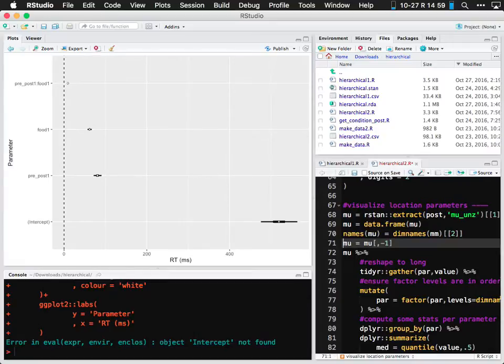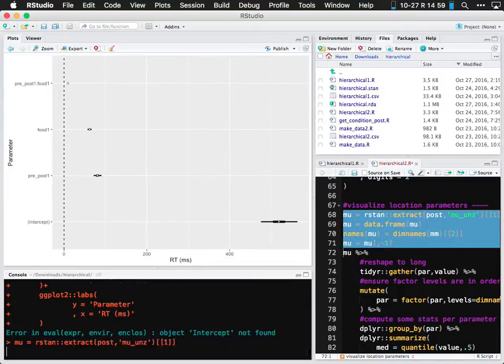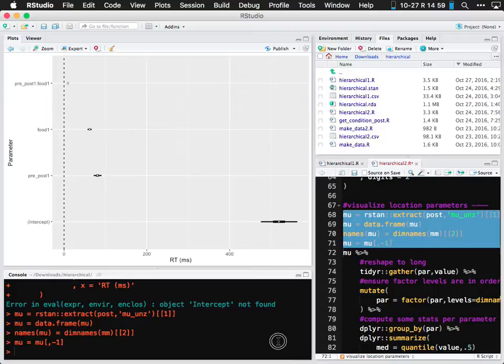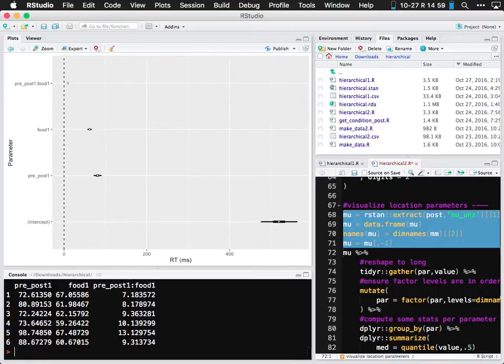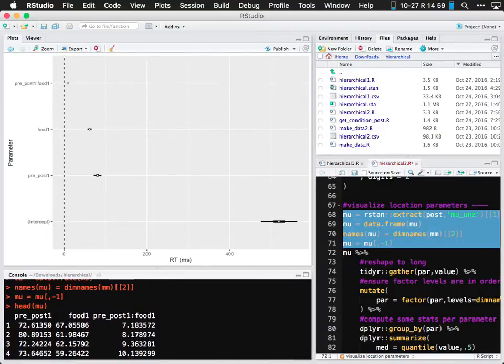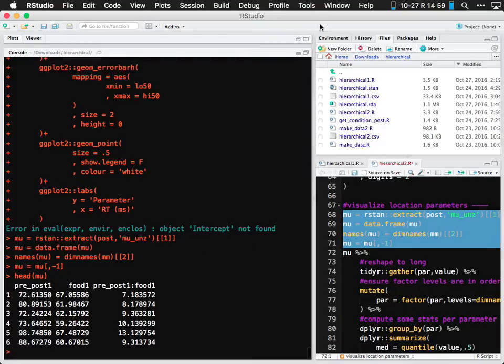Remember, this is before, so this is when mu is still wide. I'm going to take a look at head of mu, and indeed that has gotten rid of the first column. So why is it just -1?